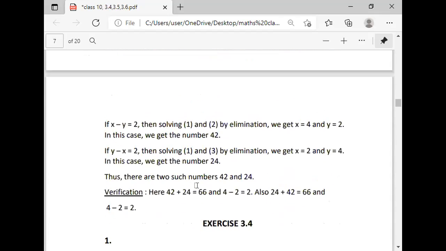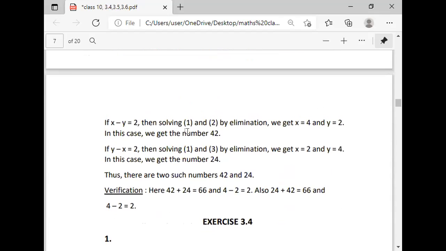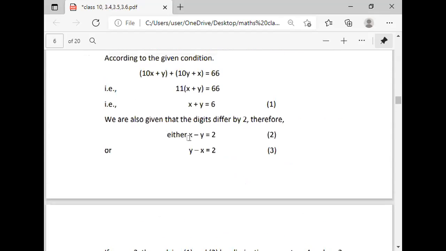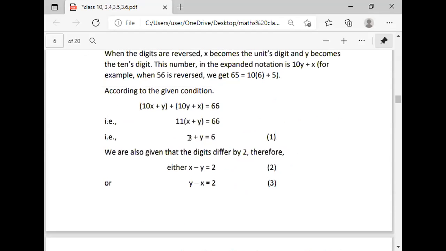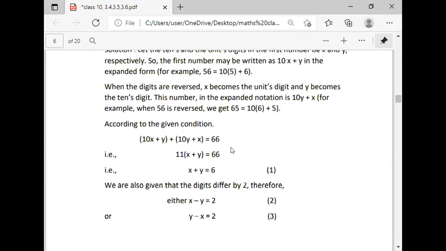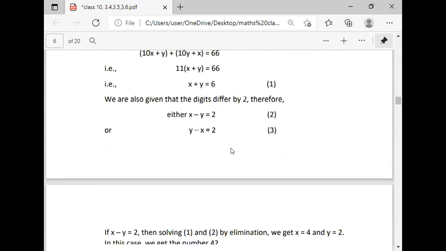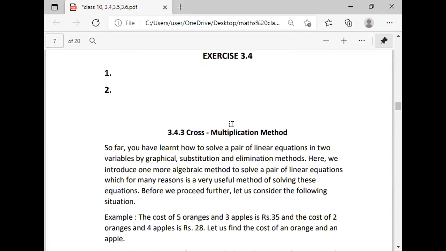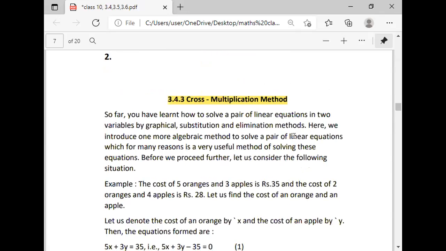And sometimes, when we proceed further, the two equations become equal, so we can say that they have infinitely many solutions. We have inferred all that, and then comes our cross multiplication method, which is a little bit more advanced, but of course it is the easiest method.